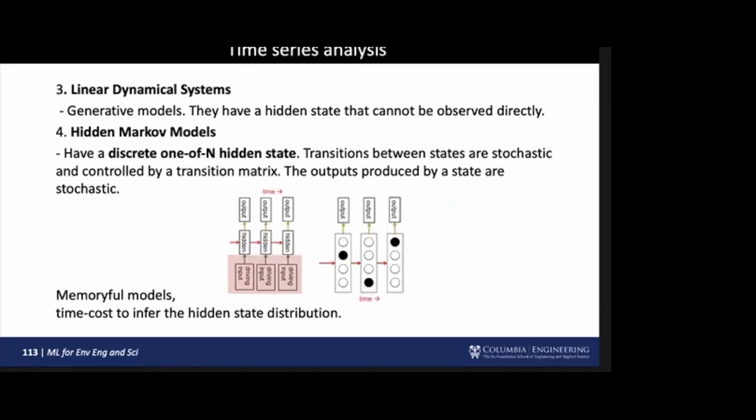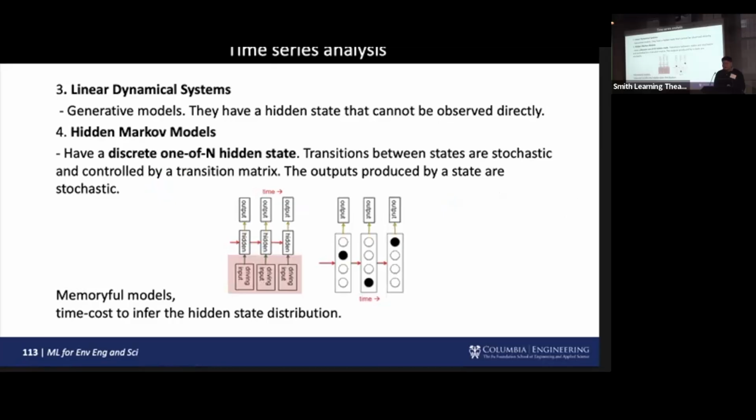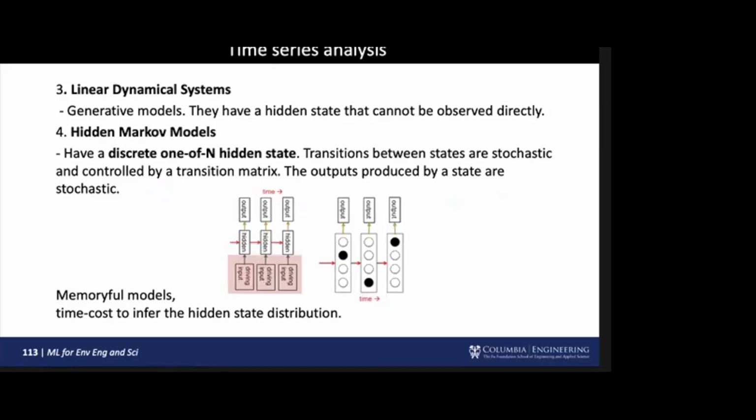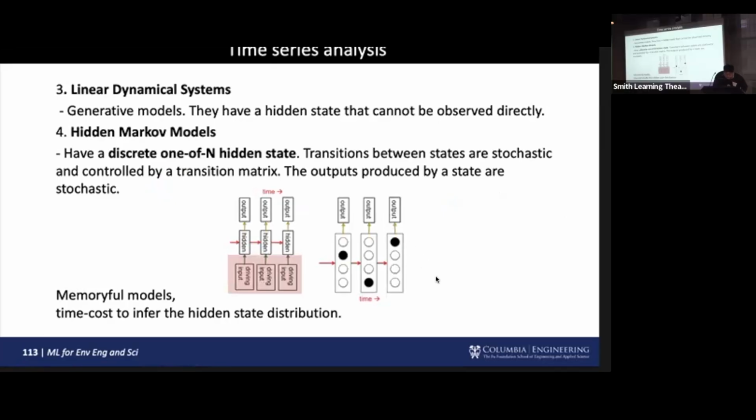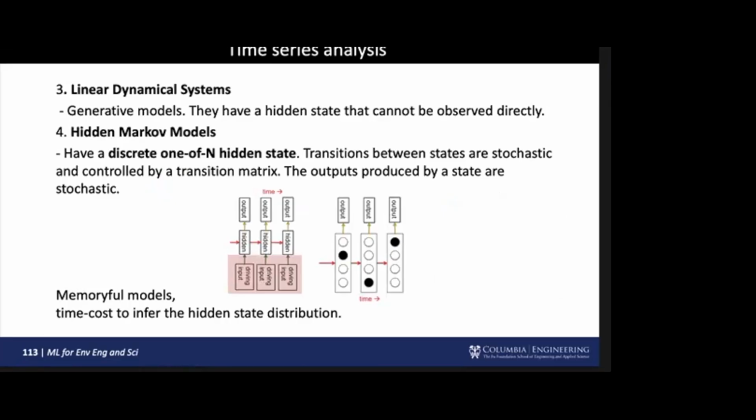Now we look at linear dynamical systems and hidden Markov models, HMMs. Unlike the last slide, these are models with memory. They actually have a hidden state here, which keeps track of what happened before. In a hidden Markov model, the hidden state is discrete, meaning the model's transitions between states follow a specific and distinct way.